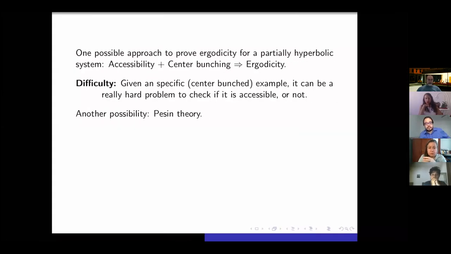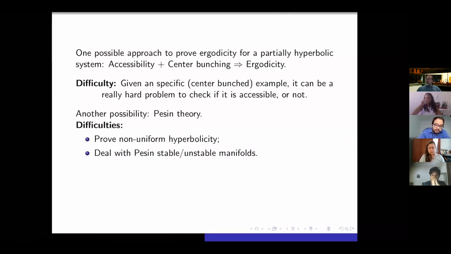Another approach is to use Pesin theory, which I'm going to describe in more detail later today. In Pesin theory, the idea is that you want to find transverse intersections between stable and unstable manifolds in a non-uniform hyperbolic setting. So you have two difficulties for a given example. The first is that you want to verify non-uniform hyperbolicity, that is, existence of non-zero Lyapunov exponents at almost every point.